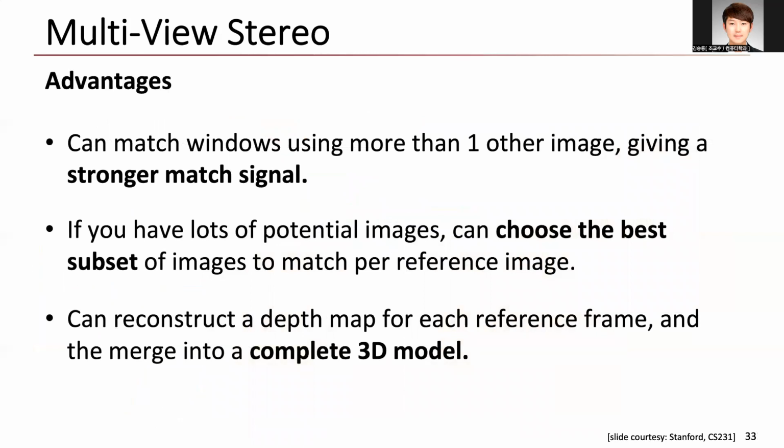Advantages: we can match windows using more than one other image, which gives stronger match signals compared to two-view stereo, because in two-view stereo we just consider one other image, so one right image, but in multi-view we can consider more view images, which gives stronger match signals, which helps to estimate better 3D information or depth information.